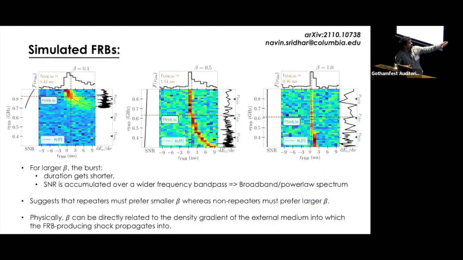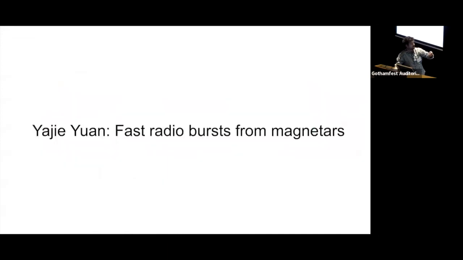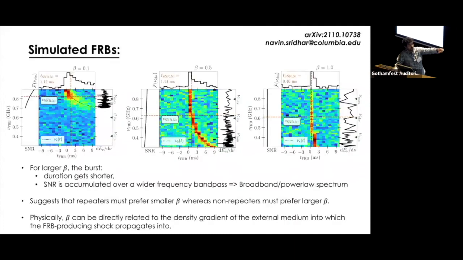And you see that for larger beta, the duration of the burst gets shorter, and the signal to noise ratio, which I've shown in the left panel here, is accumulated pretty much across the entire bandwidth of the instrument, compared to smaller beta, where the signal to noise ratio is accumulated at one particular narrow strip of the bandwidth.